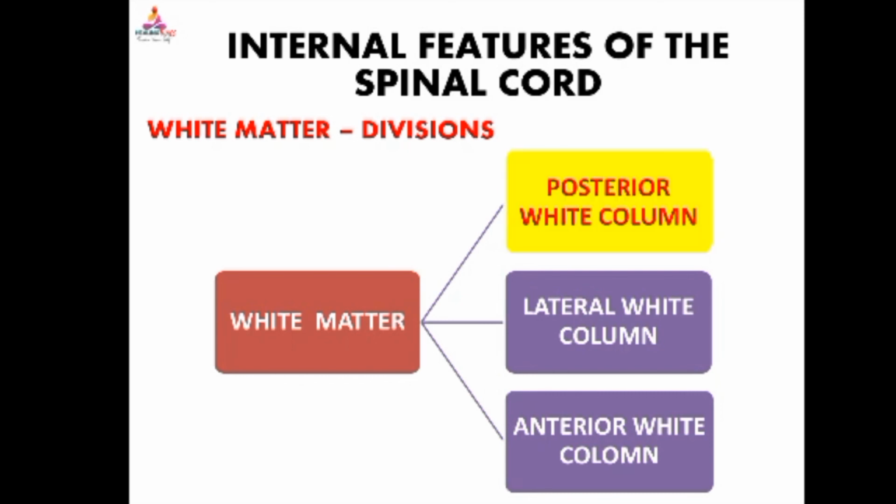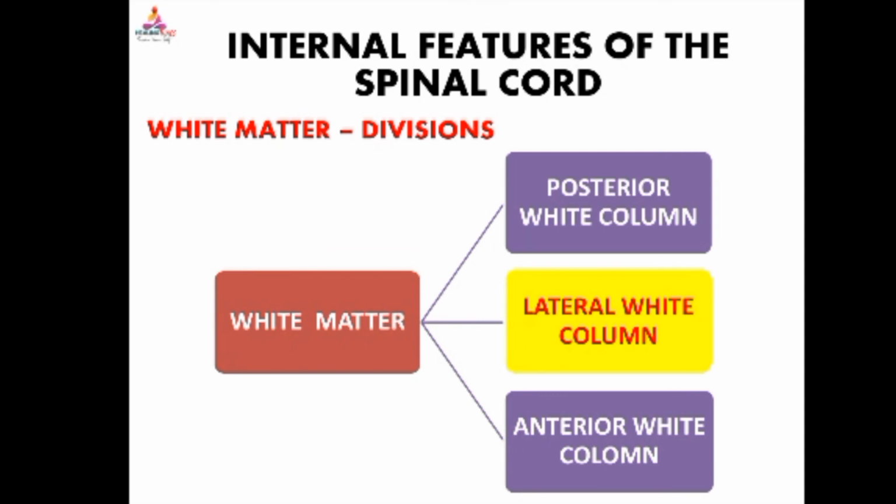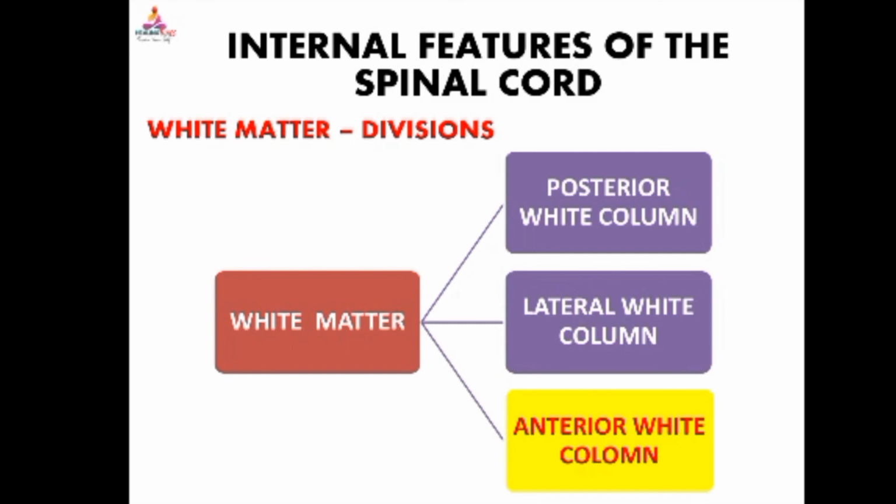Lateral white column is between the anterior and posterior horns. Anterior white column is between the anterior median fissure and the anterior horn. Anterior white columns are joined together by the white commissure. Each white column is made up of tracts which are ascending, descending, and intersegmental.